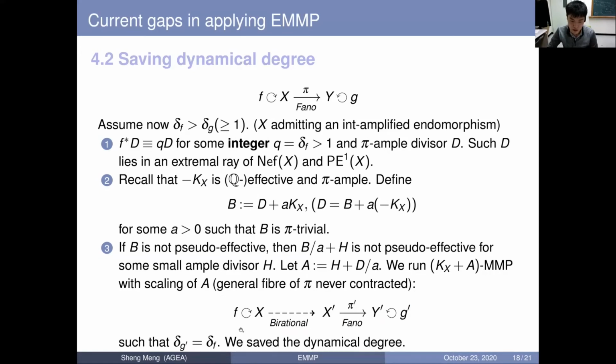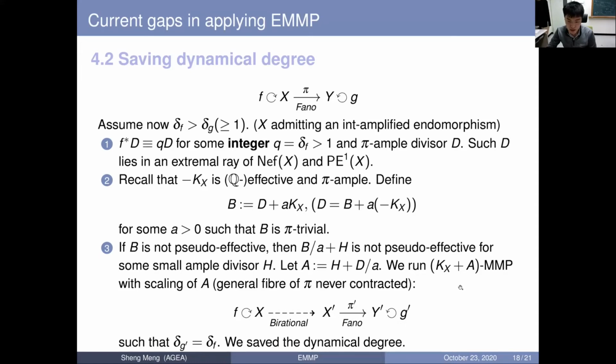And this new MMP looks like this. We have X, and after finitely many steps of birational MMP, we arrive at X prime. Since K plus A is not pseudo-effective, we have a final contraction to Y prime. And F descends to a surjective endomorphism G prime.